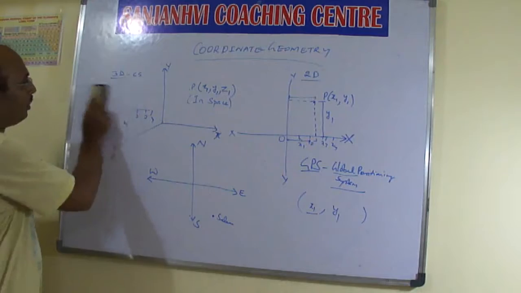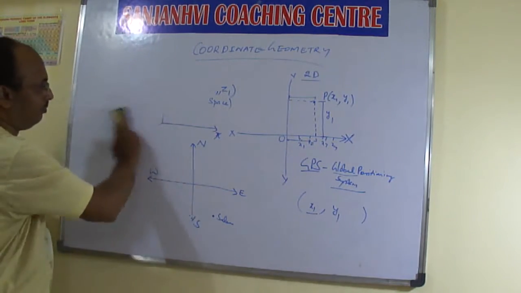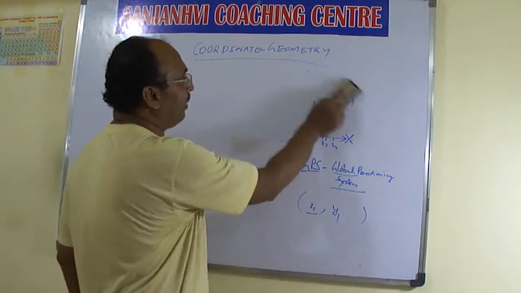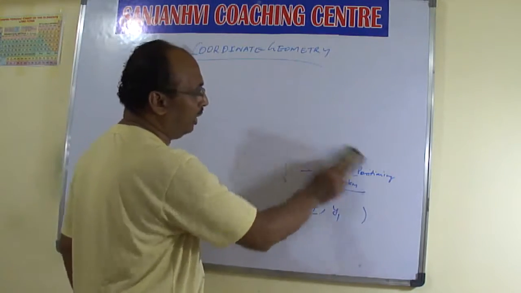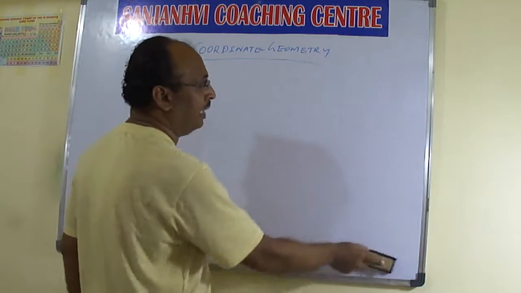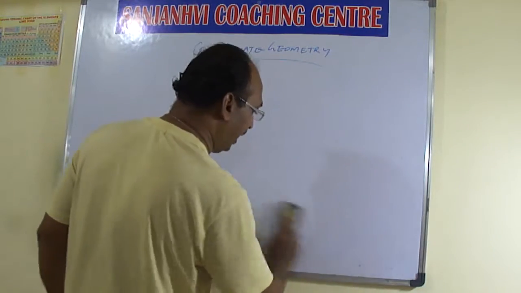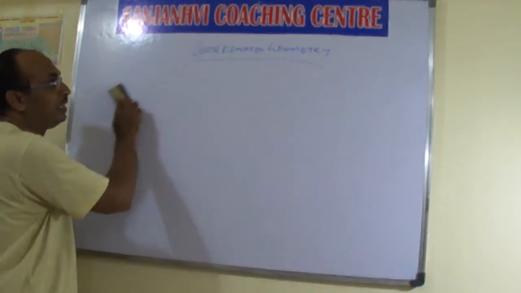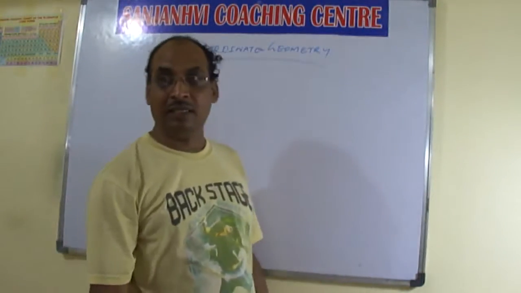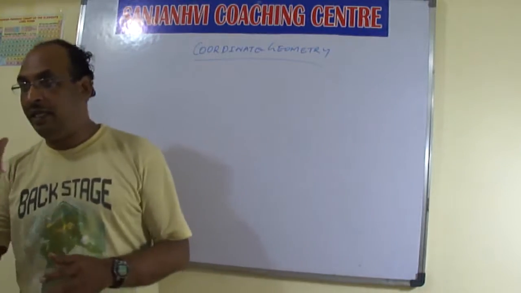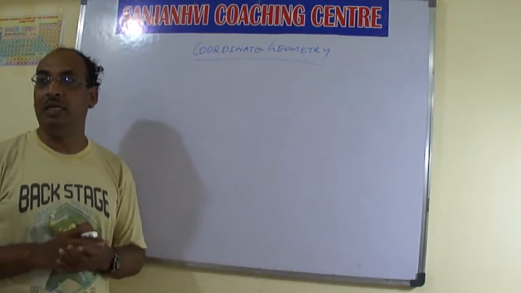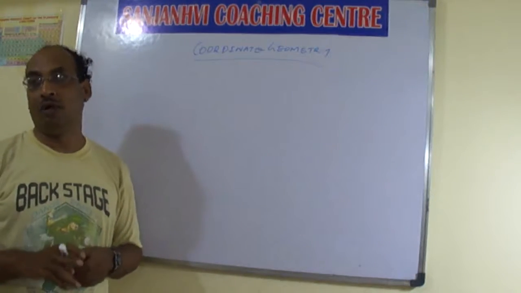So the coordinate system is very important. In our life it is playing a great role now. Any object, not only a place, has its location determined by utilizing coordinates.